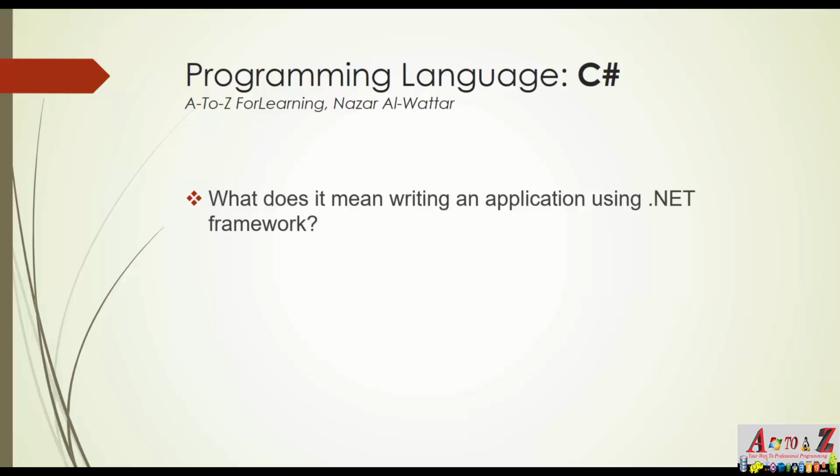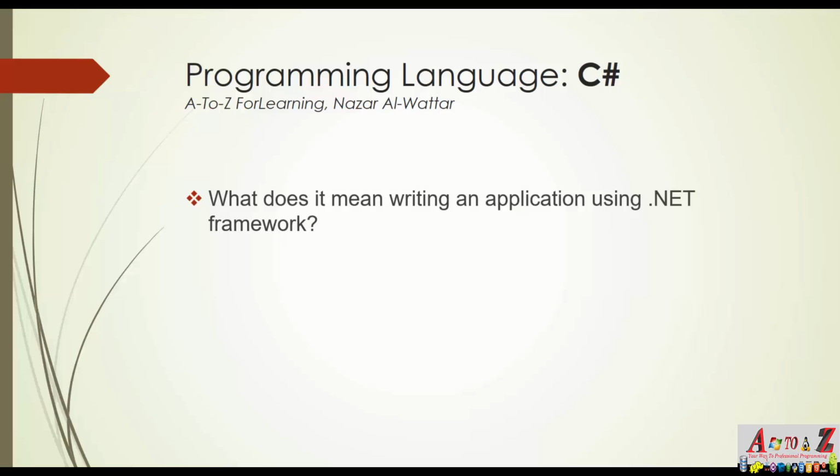So what are the steps, or what is the journey that will convert our code from the client programming language to the language that the operating system can understand? Because as you know guys, the operating system does not understand C# or Visual Basic or any other programming language. It deals with a specific type of programming language.